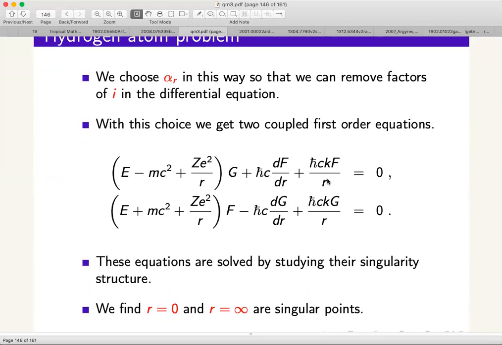Sir, is it like finding the order of the pole of the singularity? If you multiply by r minus r naught... Sorry, I couldn't hear properly, my internet connection is not proper.